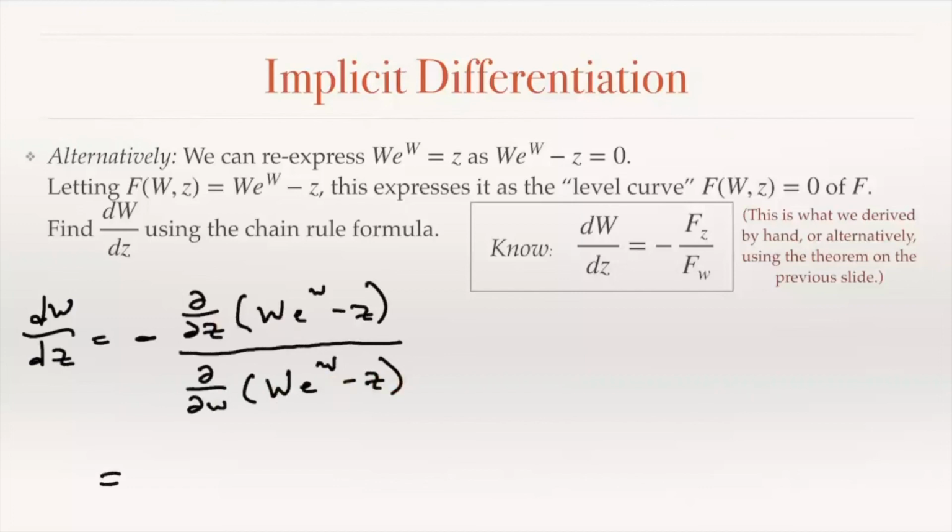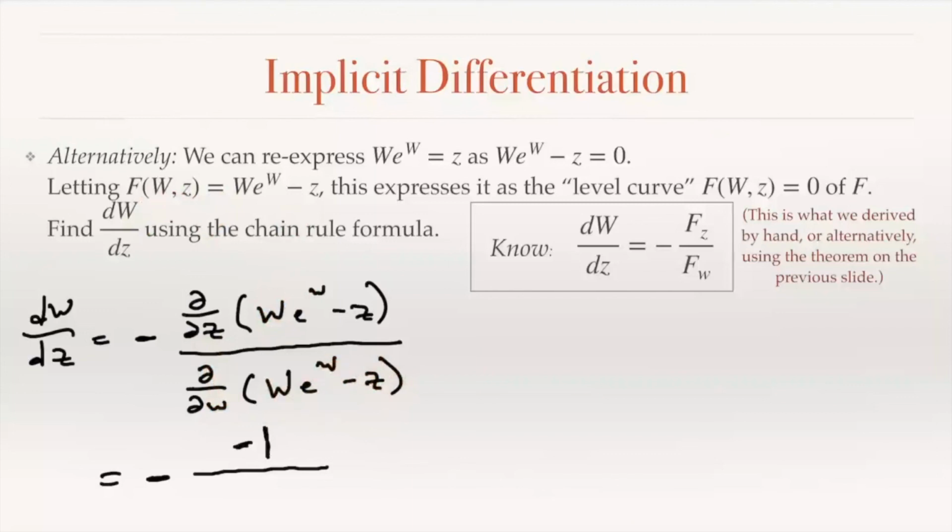And this is negative 1, because now w is constant with respect to z in this new way of thinking about it, over this. Z is constant with respect to w, so the derivative there is 0. And for w e to the w, we use the product rule.